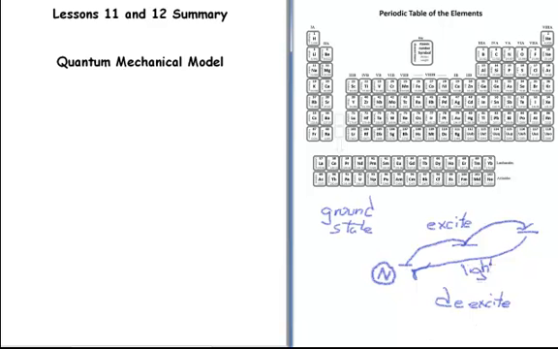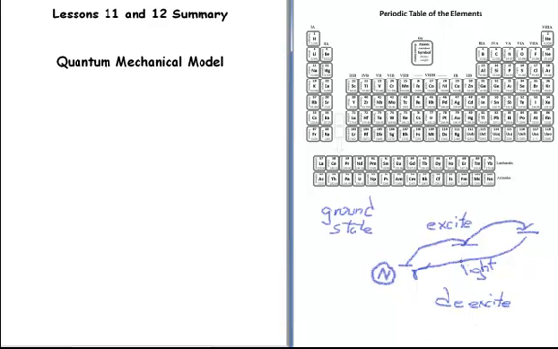Each element has its own unique light wavelengths, which are associated with the energy released by the electrons at the various distances that they can be from the nucleus. Those wavelengths are like a fingerprint for elements, and you can identify an element that is releasing energy based on the various specific light waves.